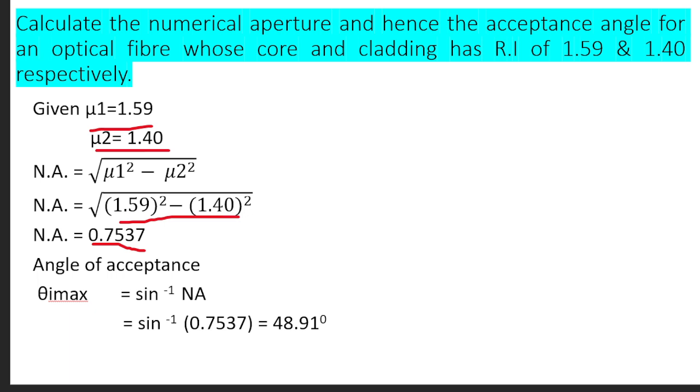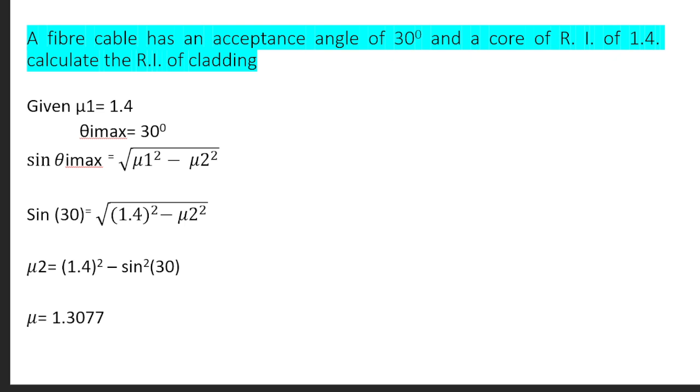You have the value of NA, that is 0.7537, so put it in here. You will get theta max equals sine inverse of 0.7537, and you will get a theta max value which equals 48.91 degrees. So this is your acceptance angle.